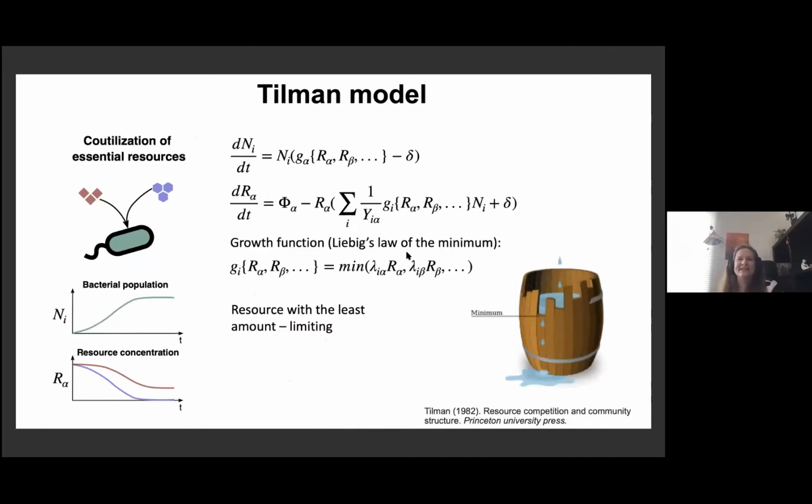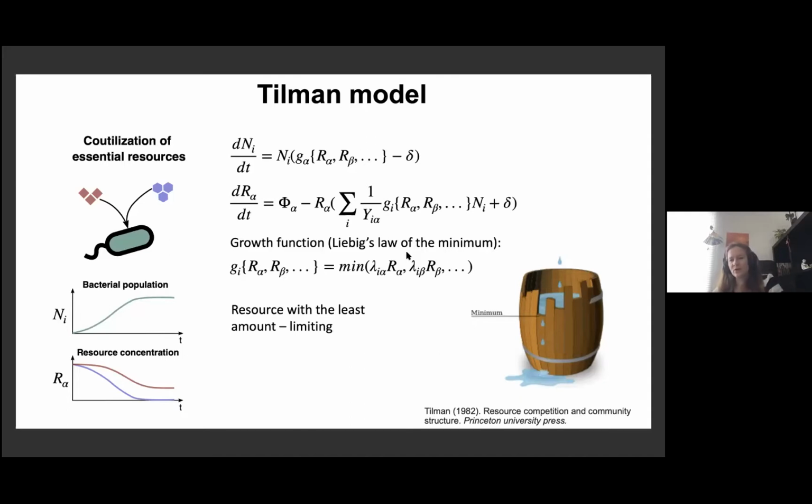In the 80s, Tilman actually wrote a whole book describing how plants, and then he generalized to microbes and other species, require not just one resource to grow, but multiple ones. For example, carbon, nitrogen, phosphorus, some microelements.